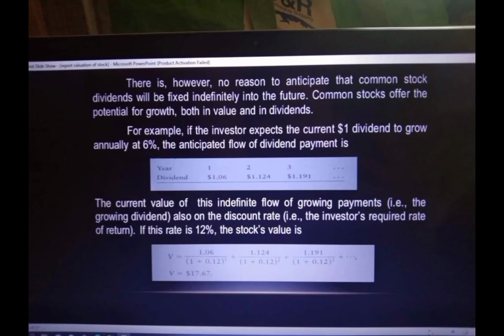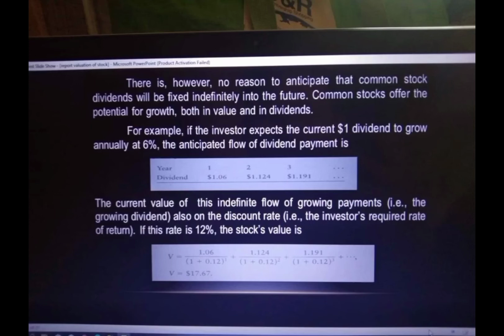Para sa value, 1.06 nga gikan sa $1 plus dividend rate nga 6%, divide nimo siya sa (1 plus 12%) required rate to the power of n, or the year it expects to grow.